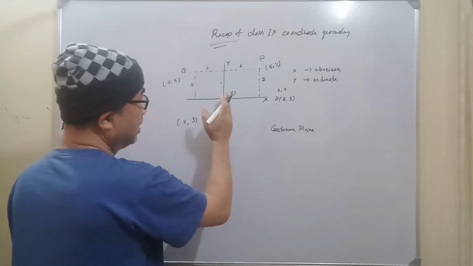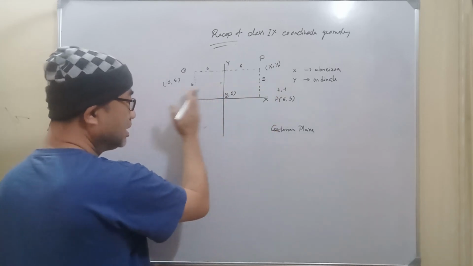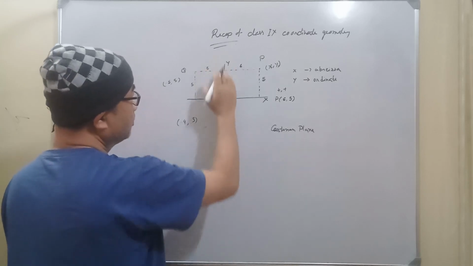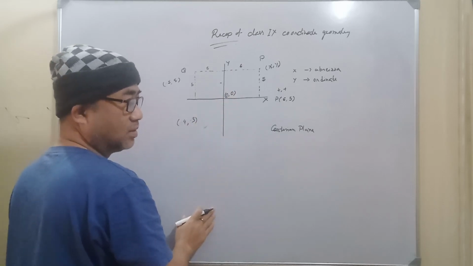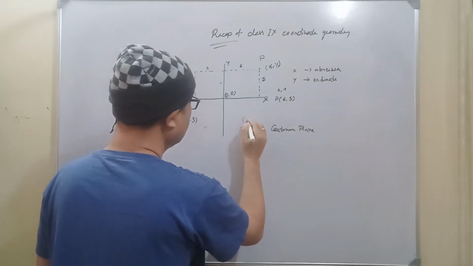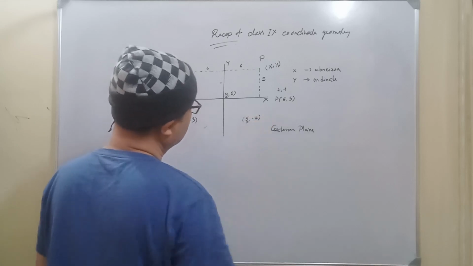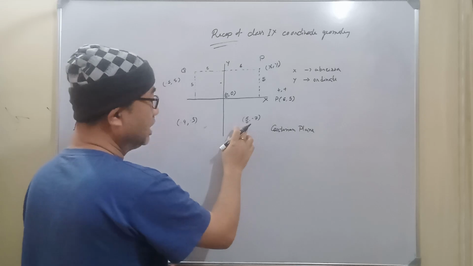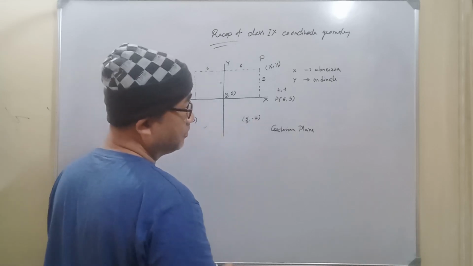Okay, values of x, positive x coordinate, positive towards the right hand side, negative towards the left hand side. Values of y coordinates, positive towards the top half and negative towards the bottom half. Okay, so any coordinate on this quadrant will be something like this, because x coordinate will have positive value and then y coordinate will have negative value here.